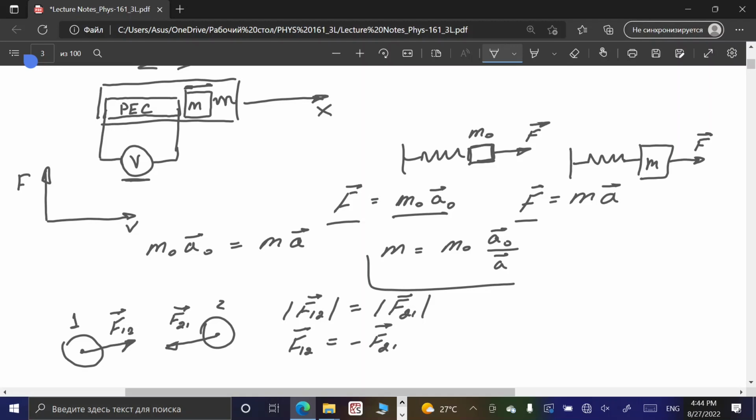The second law of motion gives us the relationship between acceleration and exerted force on an object. And we introduced the concept of inertial mass, which is the property of the object to resist change of velocity. We considered how we could measure this parameter, because this is quite important to correctly measure different physical parameters.